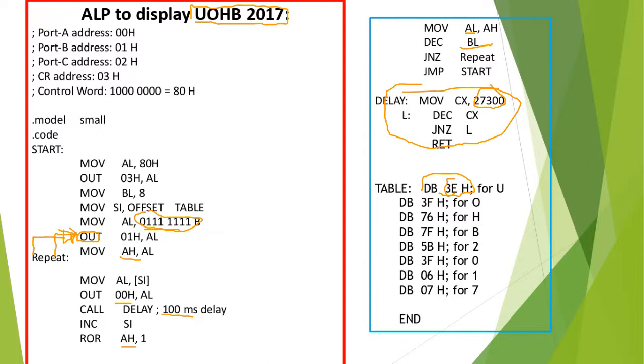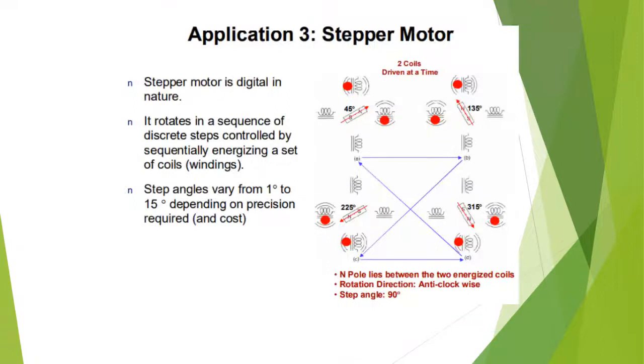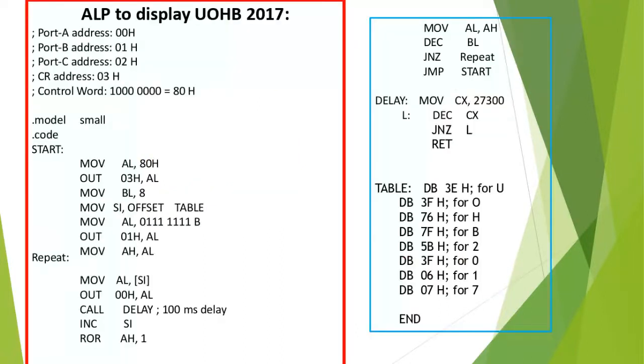So this is for displaying characters, and I think we do not have time to discuss the stepper motor, how we can control it. For the DC motor, the idea is clear, because yesterday I discussed it in the lab time: using the switch, we can control the operation of the DC motor.